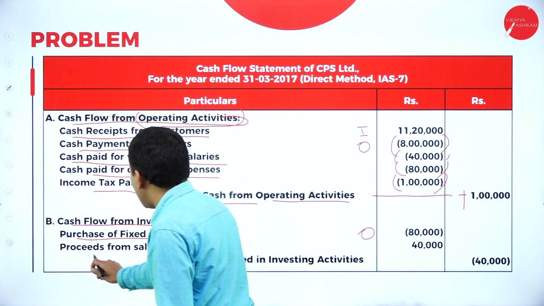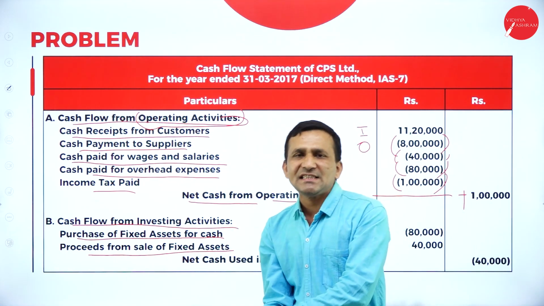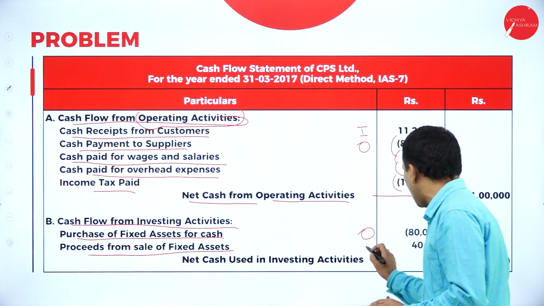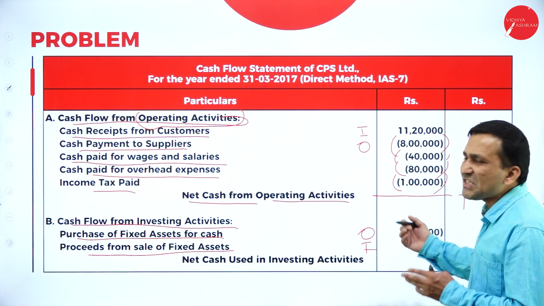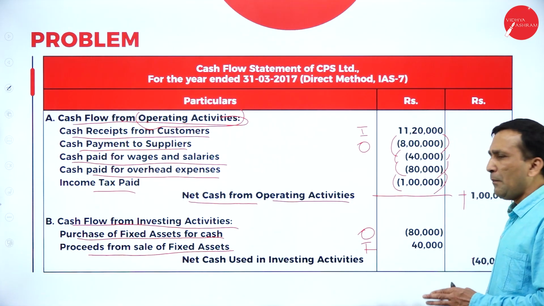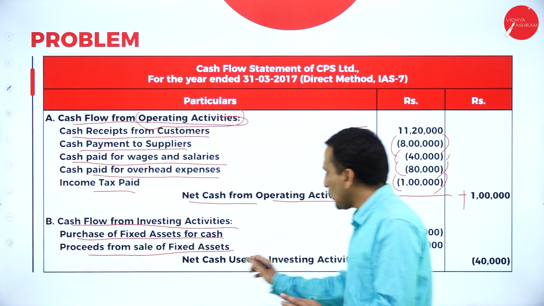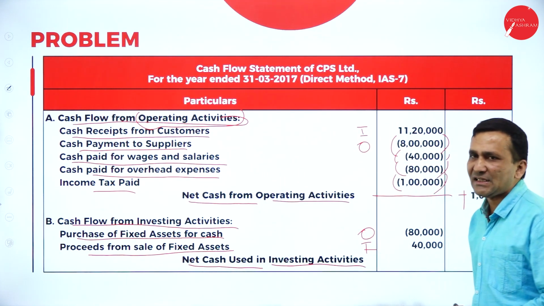Next one, proceeds from sale of fixed asset: at the time of selling your asset, you receive cash from a third party, so it is a plus inflow. There is some adjustment. Which sign is more? Your negative sign is more, so I have written minus 40,000. That we call net cash used in the investment activity.